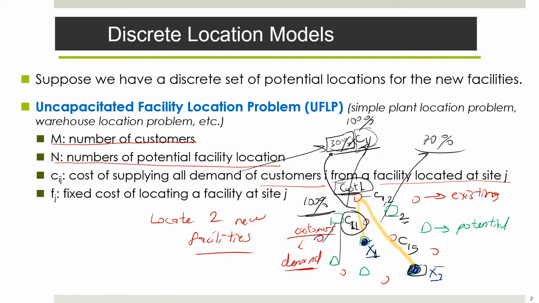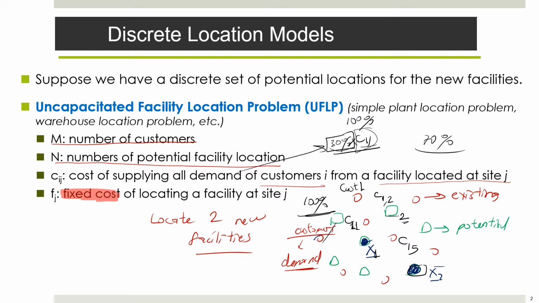And in this problem, there is another type of cost. For these candidate locations, the green ones, in order to establish a facility, there is a cost related to it. We call this type of cost fixed cost or setup cost.